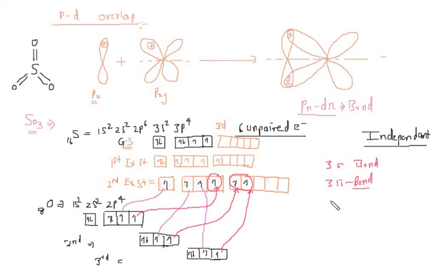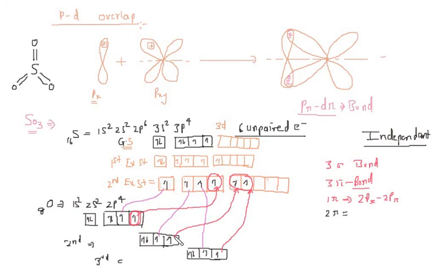Okay, but the difference is what? Out of these 3 pi bonds, 1 pi bond is, you can see here, the 2p orbital of oxygen and the 2p orbital of sulfur. So it is 2p pi, 2p pi. Okay, and the other 2 pi bonds are in between.